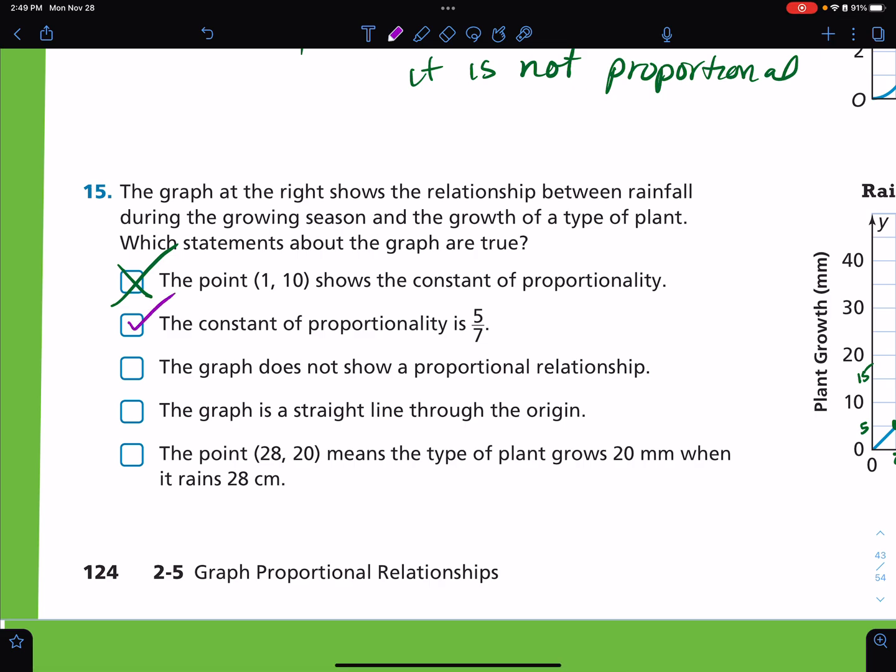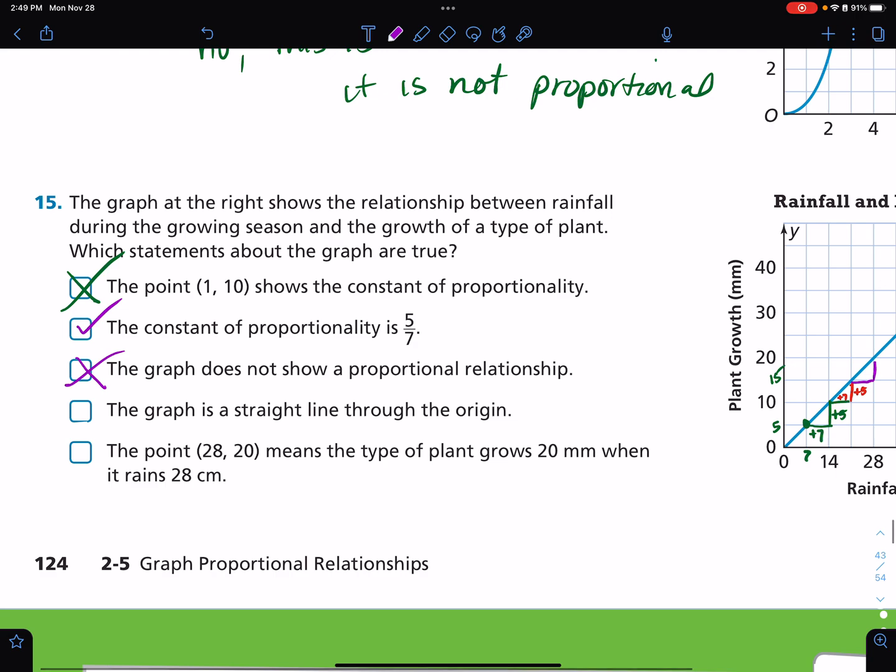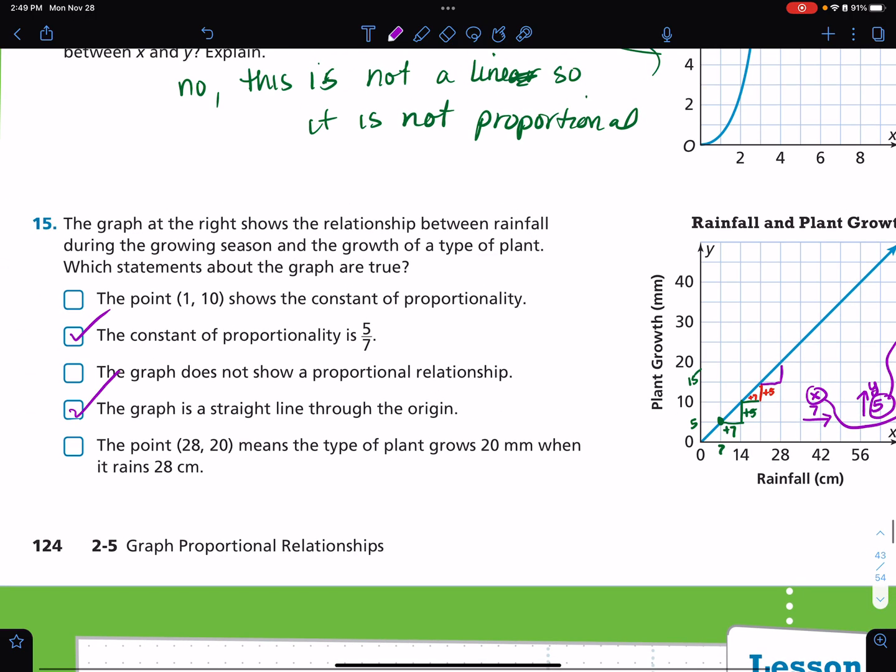The graph does not show a proportional relationship. That's not true. It is a line and it goes through the origin, so therefore it is proportional. The graph is a straight line through the origin. Yes. The point (28, 20) means the plant grows 20 millimeters when it rains 28 millimeters. So let's see, let's find where that point is. 28, 20.